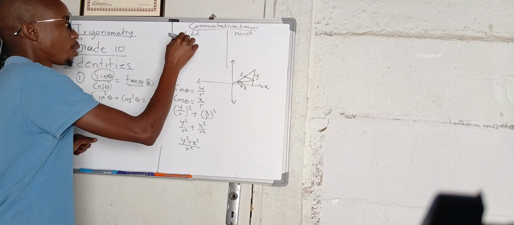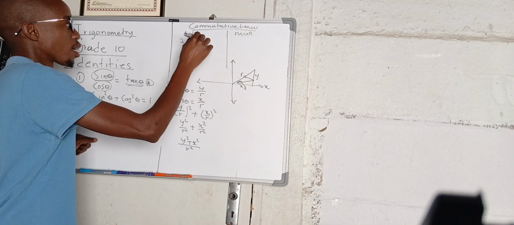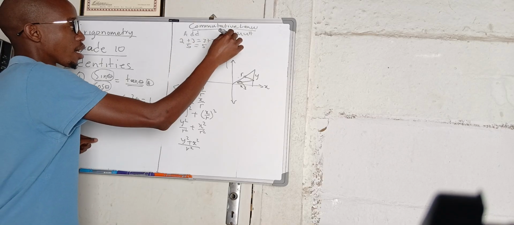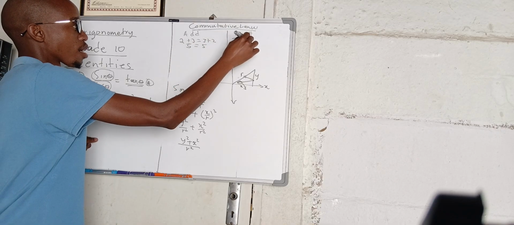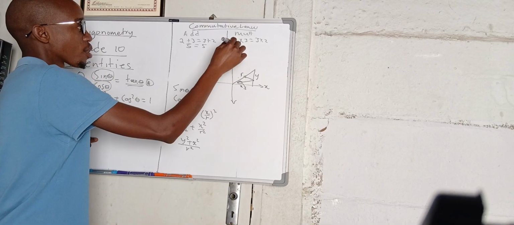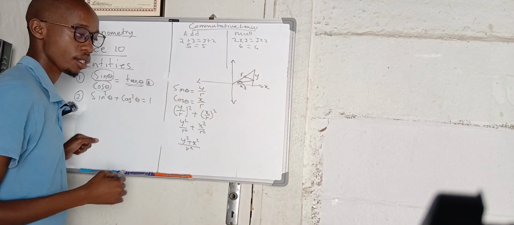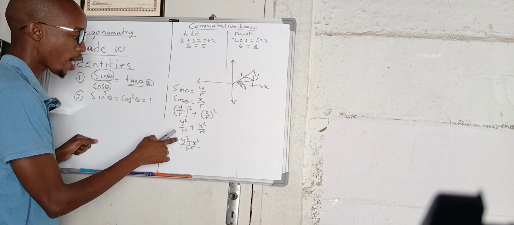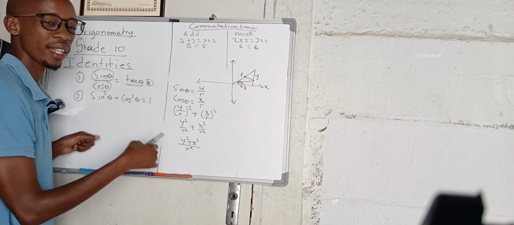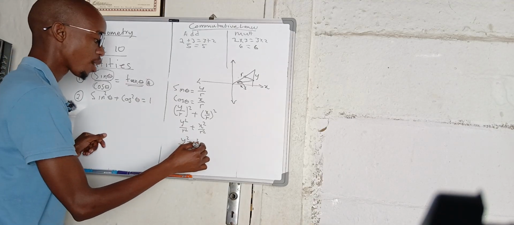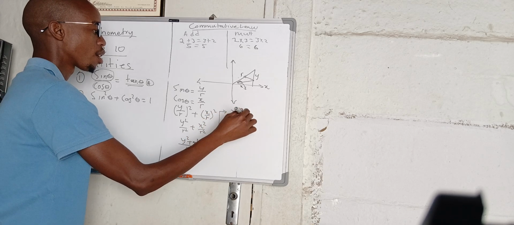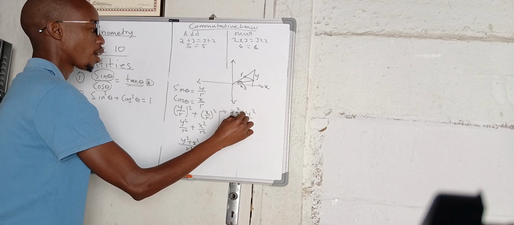So 2 plus 3 is the same as 3 plus 2 because this is 5, this is 5. Similarly here, 2 multiplied by 3 is the same as 3 multiplied by 2 because this is 6, that is 6. So now let's come here. We see y squared plus x squared, so I can start with x squared plus y squared. Let me rewrite it here. I'm going to have x squared plus y squared all over r squared.